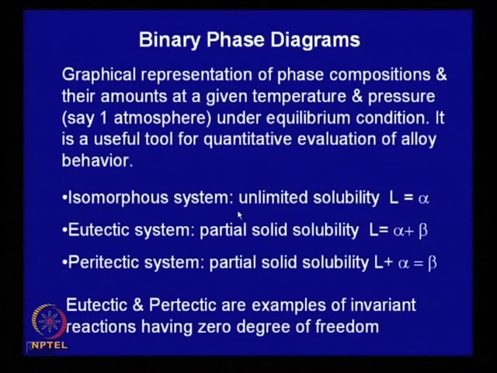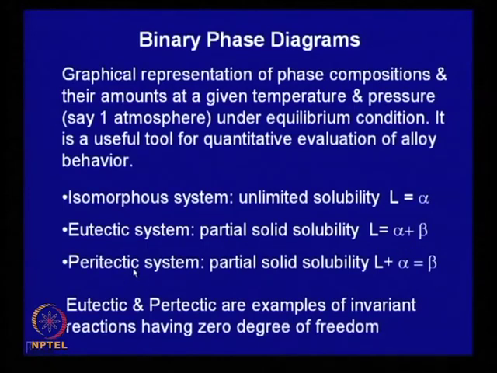Now, in the case of an isomorphous system, where there is unlimited solubility in both liquid and solid state, the freezing takes place over a range of temperature. We also looked at the eutectic system, where there is partial solid solubility, and here at some stage a liquid dissociates into a mixture of two solids, alpha and beta. In a phase diagram, we always represent liquid using the Roman letter L, and Greek letters are used to represent phases.